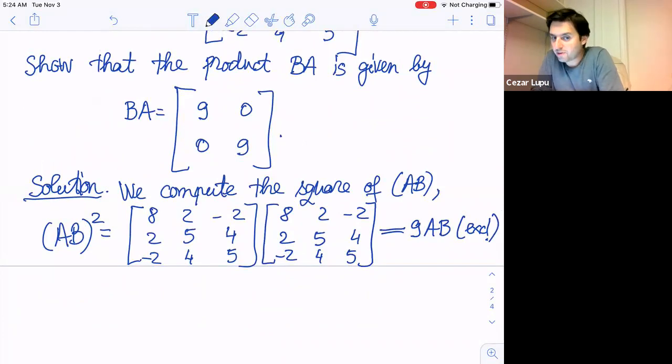So now we're going to do the following. So I know that AB squared is 9AB. And now I'm going to look at the rank of BA, right? So let's look at the rank of BA.